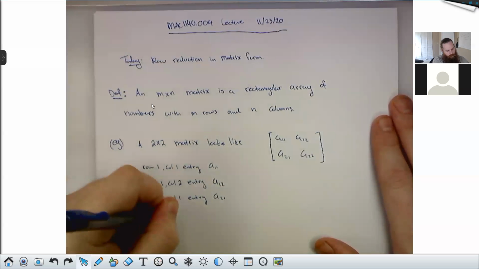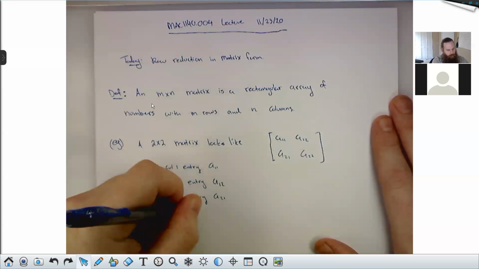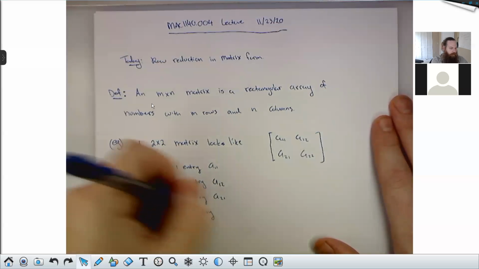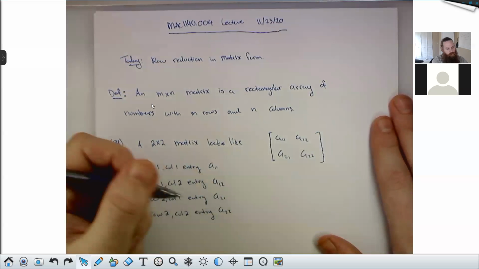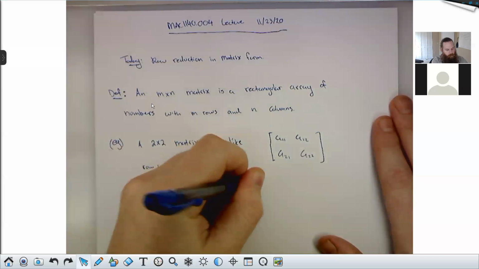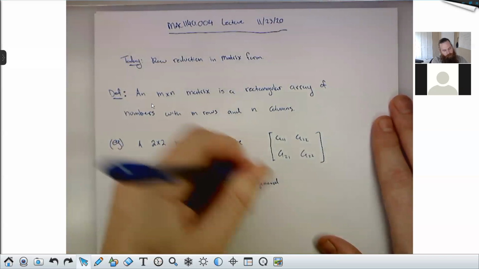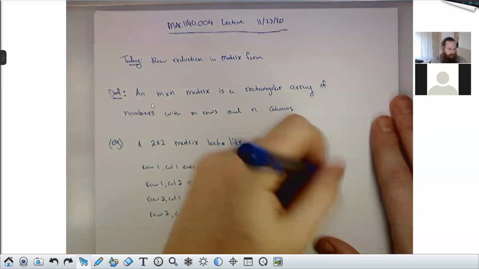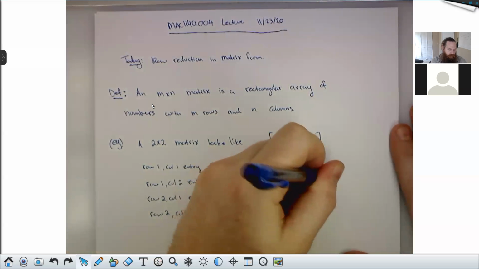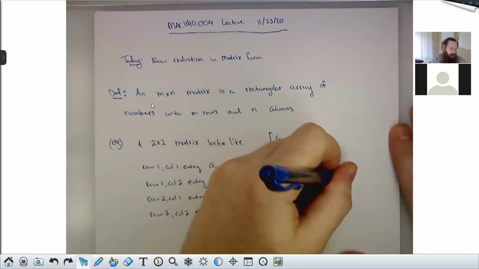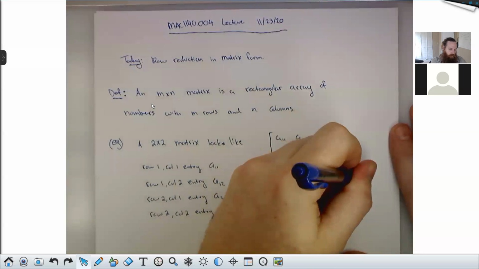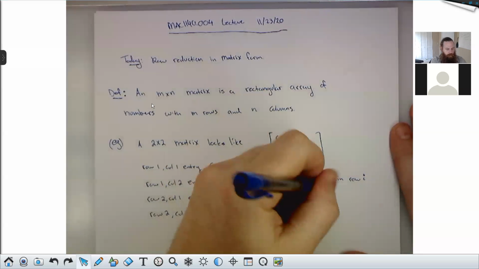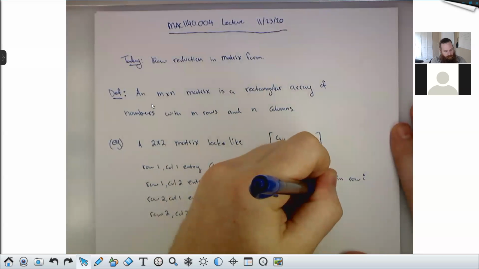And the row 2, column 2 entry is called A22. In general, Aij is the entry in row I and column J.